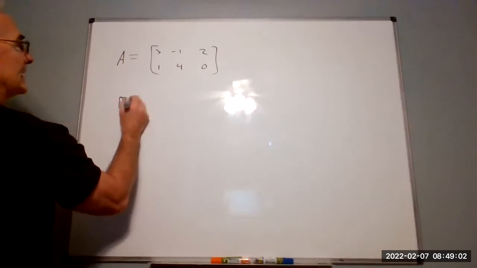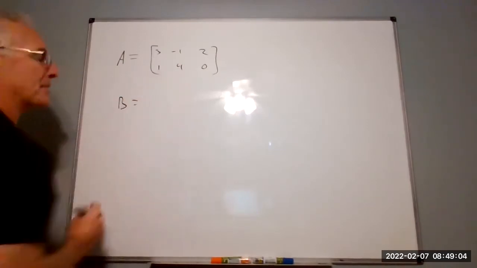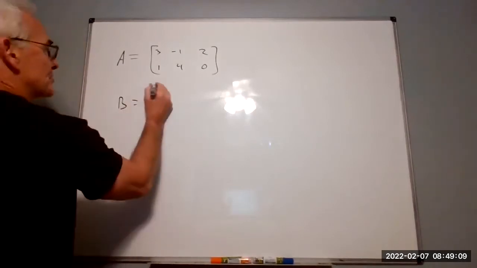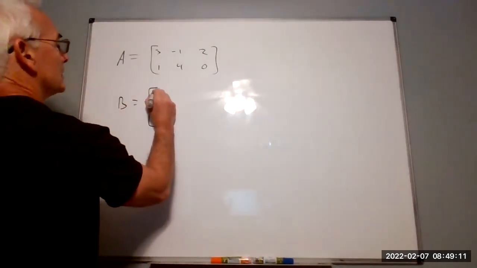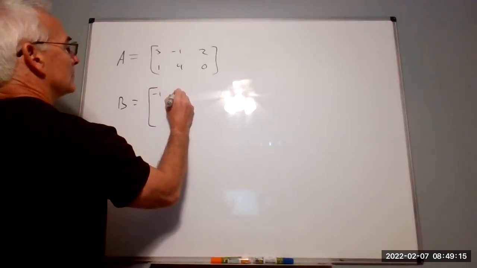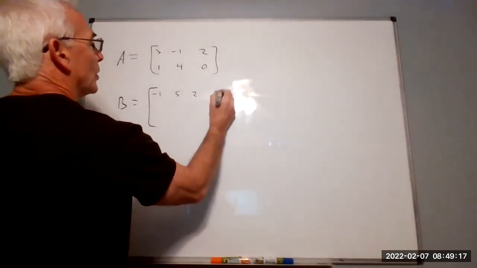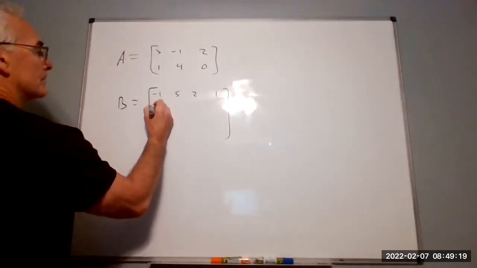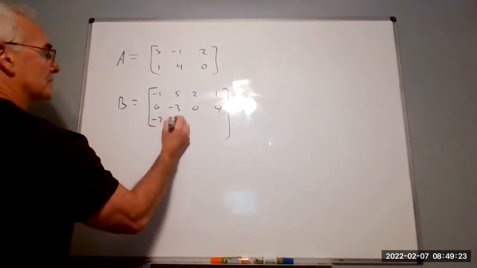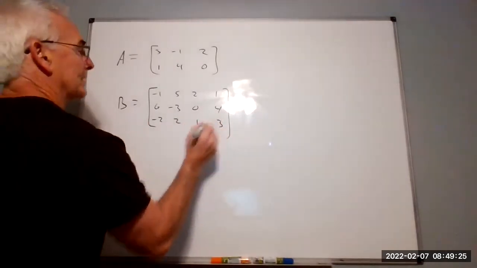And matrix B, now A is 2 by 3, so matrix B must be 3 by something. How about 3 by 4? All right, -1, 5, 2, 1, 6, -3, 0, 4, -2, 2, 1, 3.